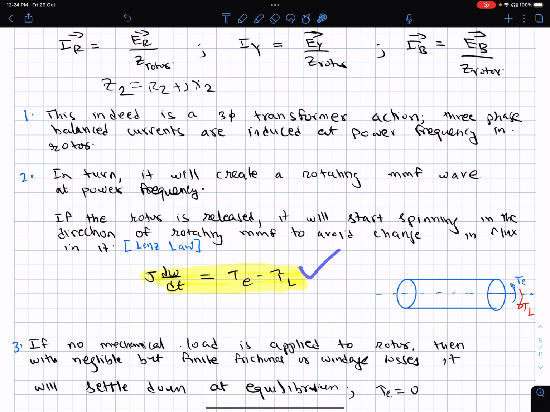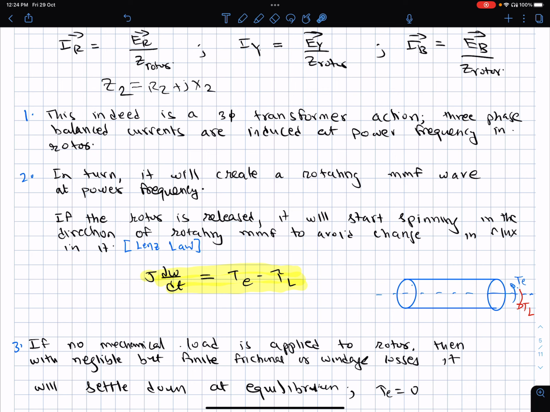So this is basically the basic rotational motion. Wherever we deal with rotational motion, if you write the law of motion, Newton's law, then in this case the rotor omega is taken to be in the direction of TE, and TL is the load torque, what you want to drive.